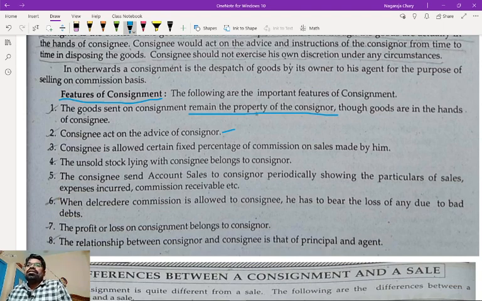Next, the consignee is allowed a certain fixed percentage of commission on sales made by him. So why does the agent work? For a fixed percentage of commission on sales.